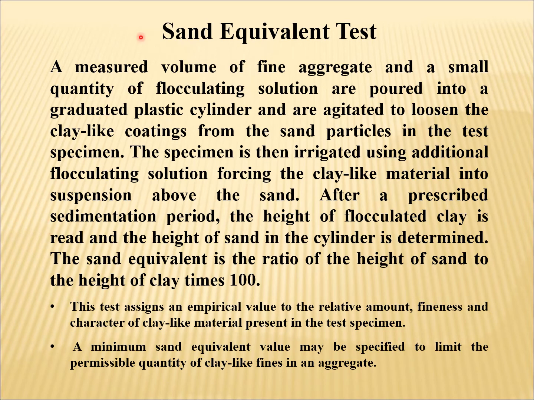Okay, now we will discuss the sand equivalent test. That is also very important for the fine aggregate. Basically, a measured volume of fine aggregate and a small quantity of flocculating solution are poured into a graduated plastic cylinder and are agitated to loosen the clay-like coatings from the sand particles in the test specimen.